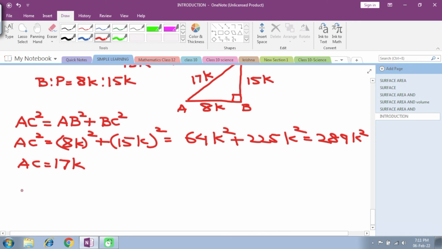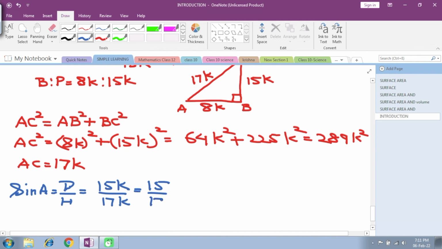Now to find the trigonometric ratios, first sin A. Sin A is equal to perpendicular by hypotenuse, which is equal to 15k by 17k, which is equal to 15 by 17.